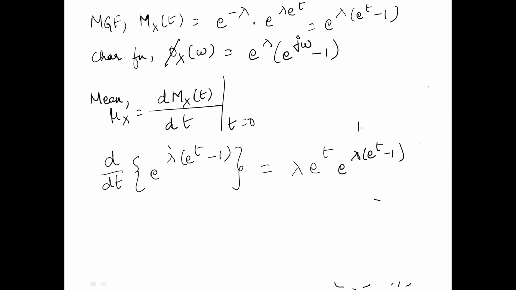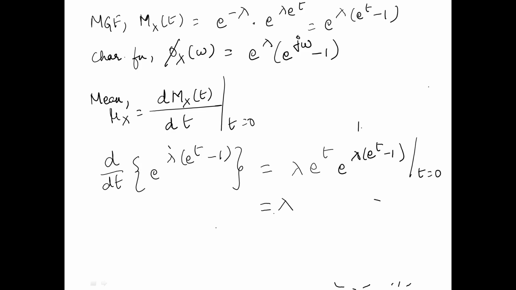Right? And now in this, we got to substitute t as 0. When we substitute t as 0, e power 0 is 1, e power 0 is 1. So we are left with lambda. So the mean value is lambda.